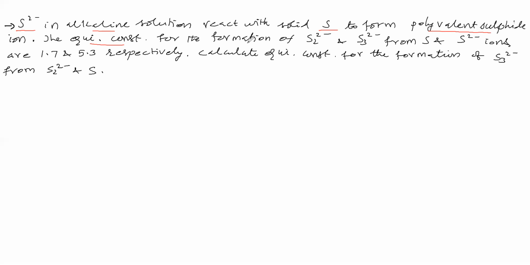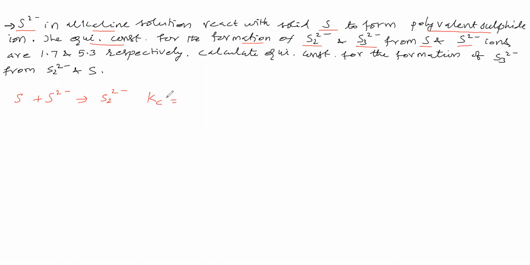S2 2 minus is one polyvalent sulfide ion, and S3 2 minus is another, formed from sulfur and S2 minus. So, sulfur plus S2 minus gives S2 2 minus. For this, the equilibrium constant is given.